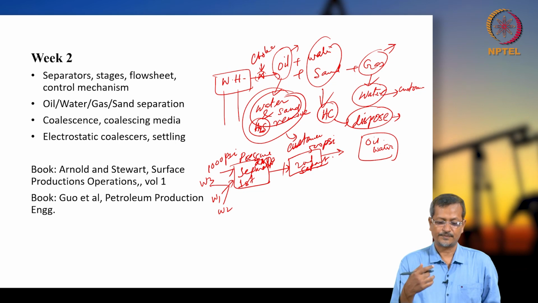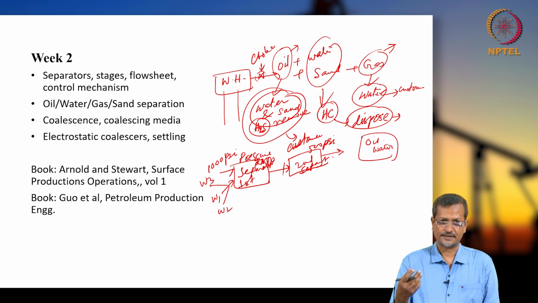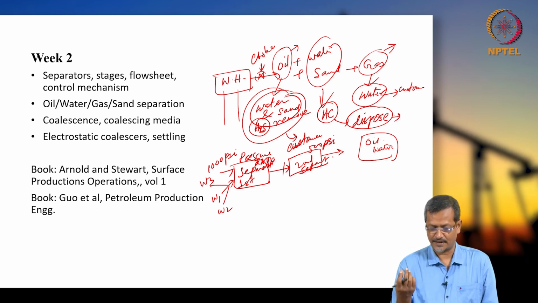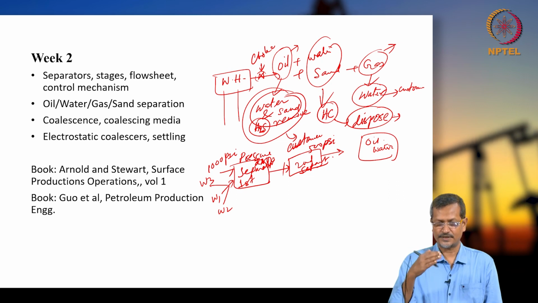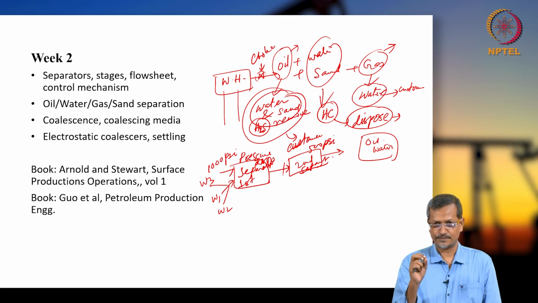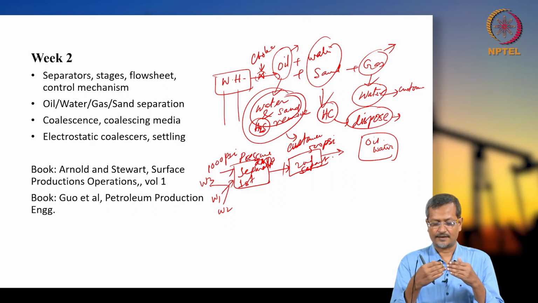So, what will happen? This will create a stable emulsion. So, you have to break the emulsion, then you have to create certain mechanisms, maybe some chemical, or you have to put some electric field, so that the emulsion barrier will be broken and it will create bigger particles and get separated.